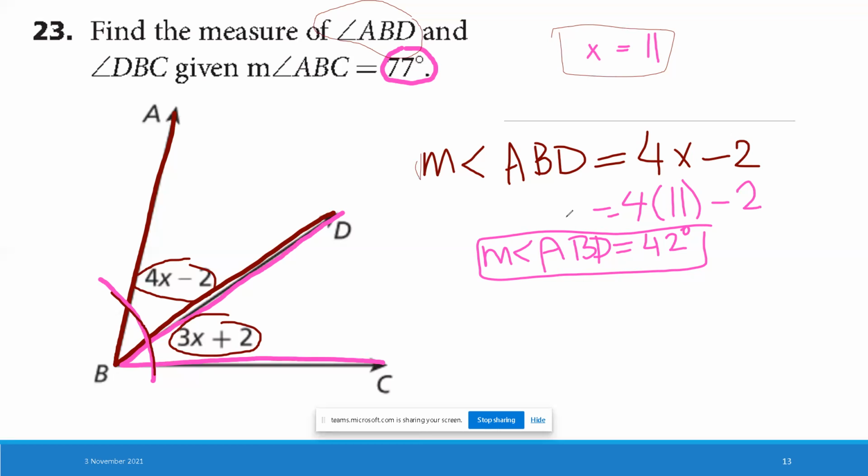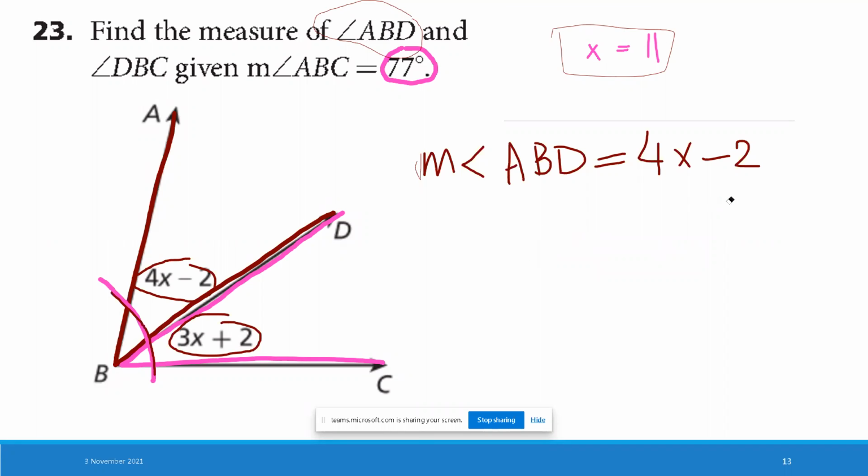See, if you have an algebra question, as I told you, you have to find x, then you have to substitute. Substitute x. Where is x here? It's multiplied by 4. So 4 times 11, continue, minus 2. 4 times 11 is 44, minus 2 is 42. That's it.